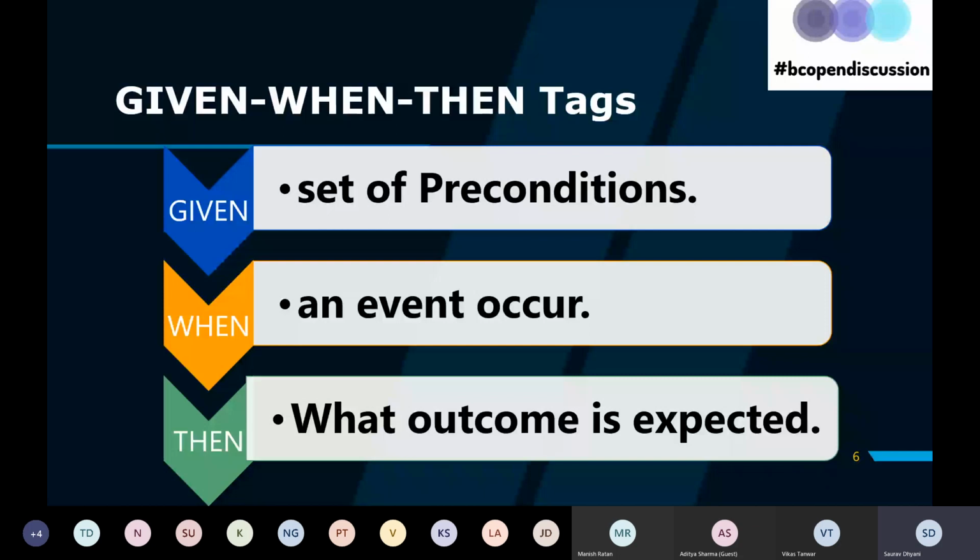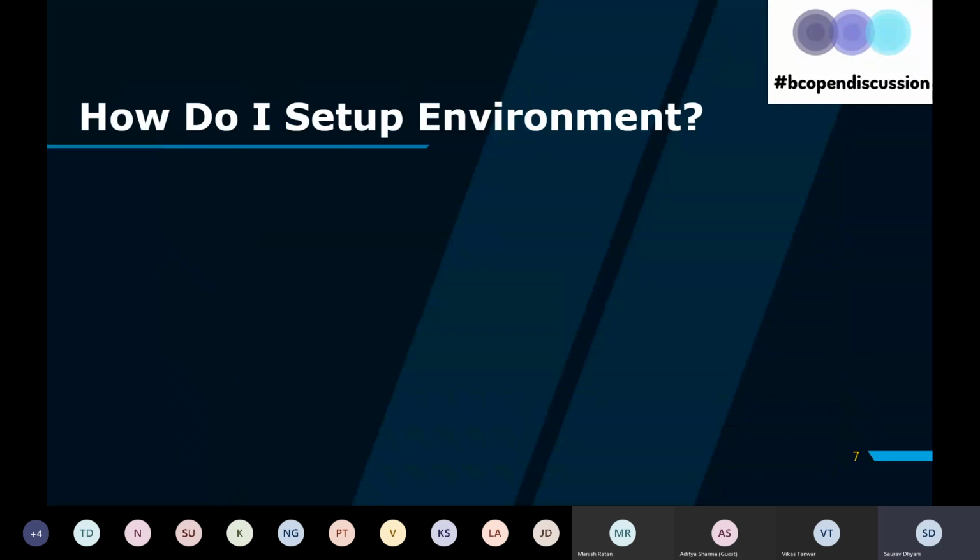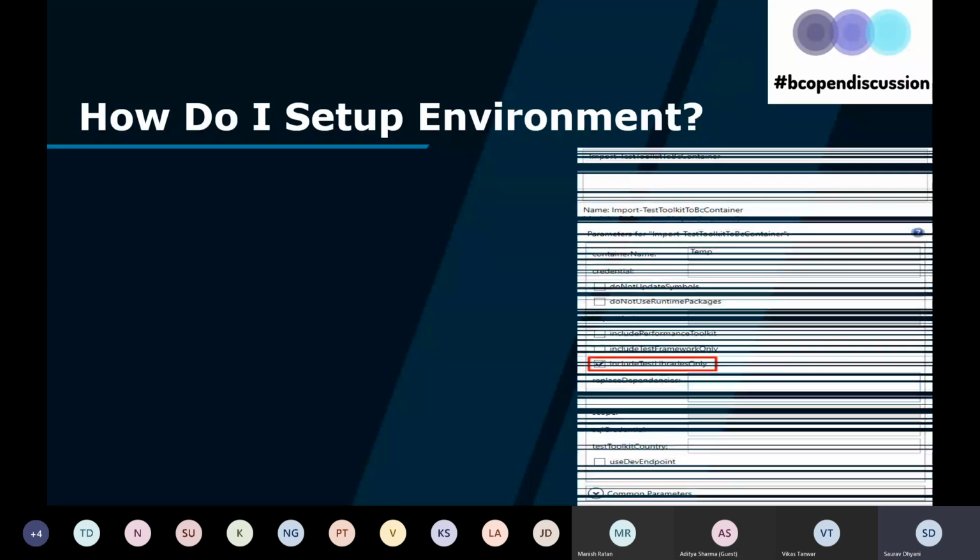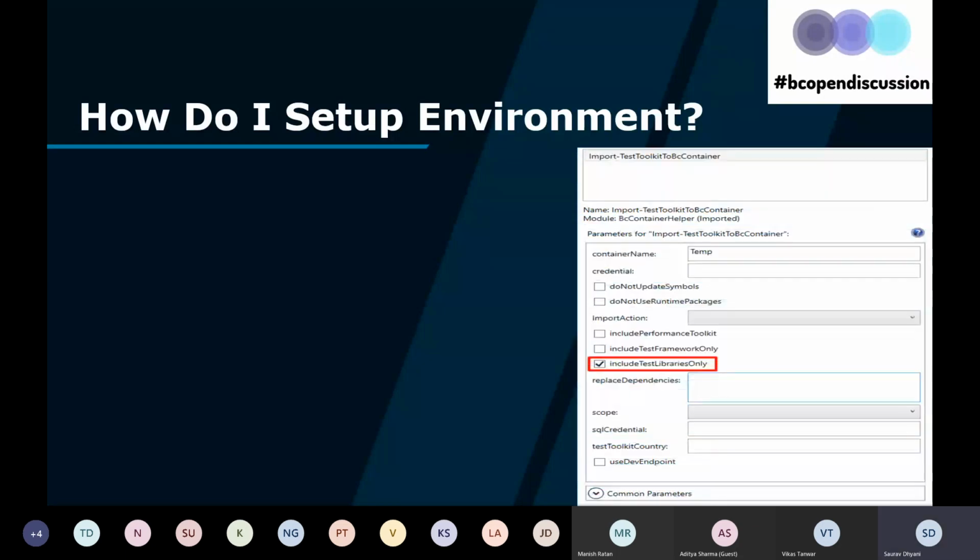Now, there was already a question that somebody sent me this week: how do I set up my environment? For setting up an environment on Docker, because that's one of the common things today for setting up your development environment, if you already have a Docker setup on your system or on your servers, you can use this command called Import-TestToolkitToBcContainer.